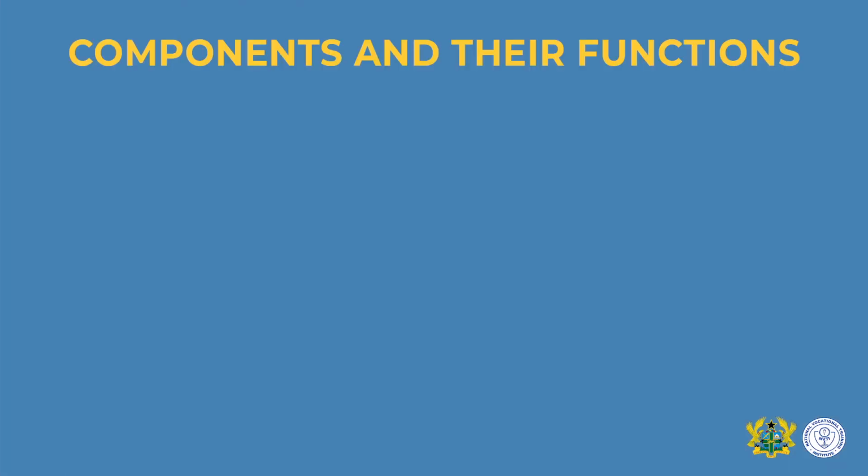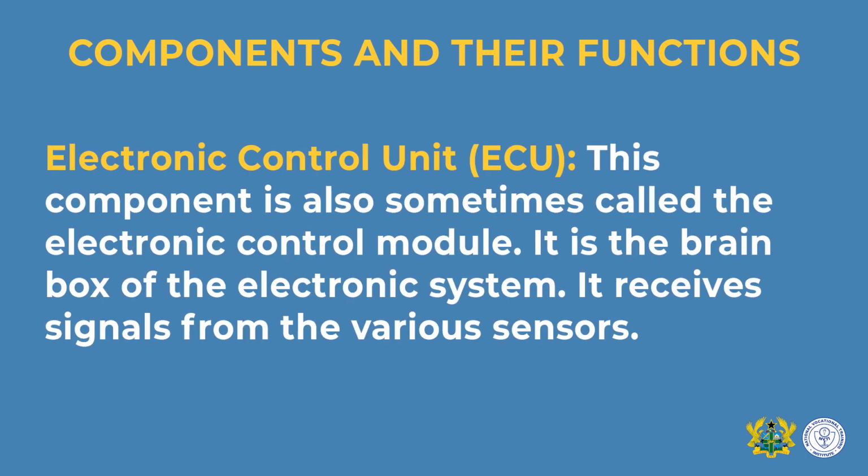Now let me take you through some of the components of the electronic petrol injection system. We have the ECU. The ECU simply means electronic control unit, which in some cases they call the electronic control module. It's a miniature computer in the system.